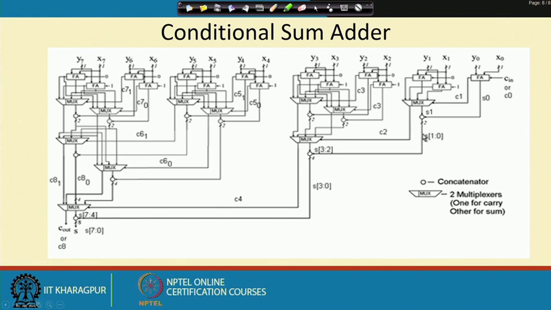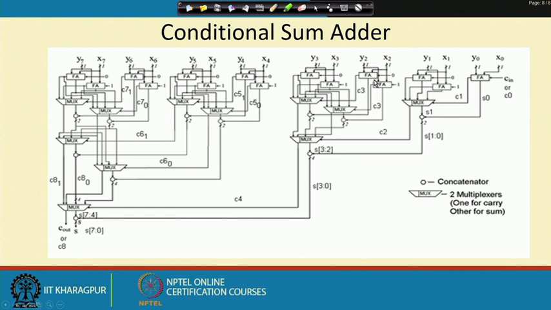This indicates the concatenation. So from here I get the sum S0, from this particular multiplexer I get sum S1, and I also get the carry generated by this stage, which is C2.